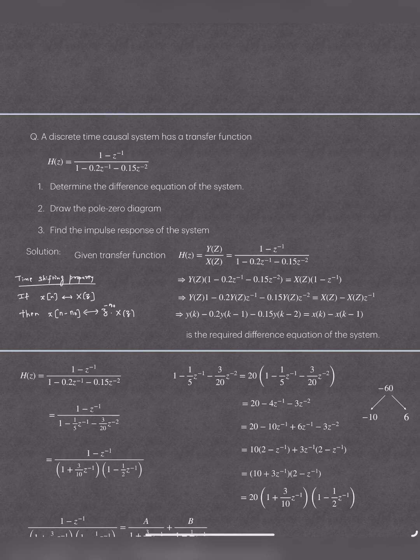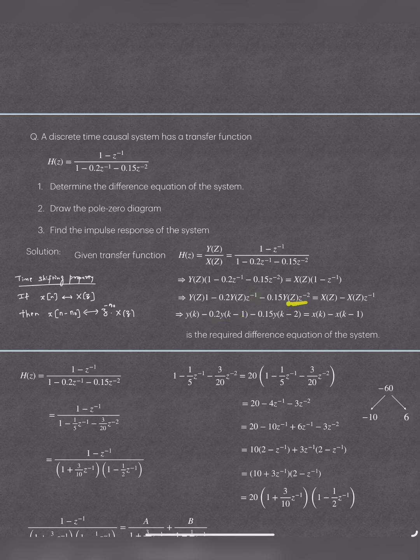Now when you see this Y of z multiplied with this 1 and these quantities, Y of z is considered as y of k. So you can see it in this way. X of z is x of n, so Y of z is y of k, and z power minus 1 into Y of z, z power minus n naught into X of z is x of n minus n naught. So instead of n naught you have 1, so it is y of k minus 1 into minus 0.2, so you get this quantity.